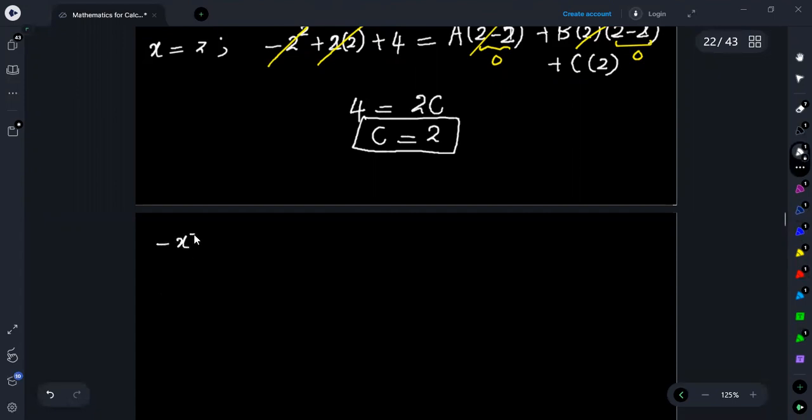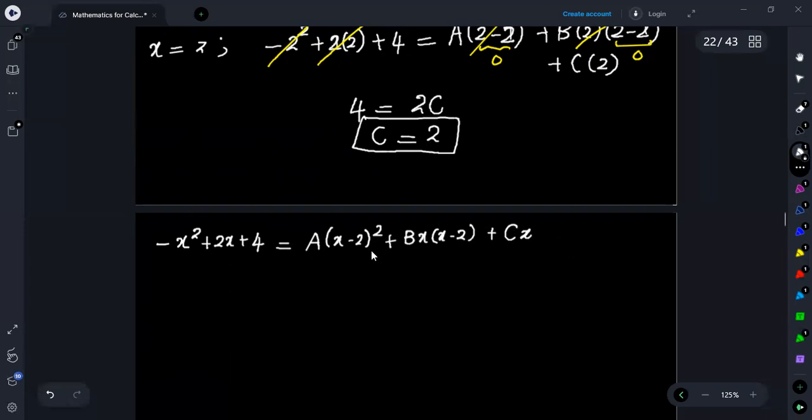Earlier we had minus x to the power 2 plus 2x plus 4 is equal to a times (x minus 2) to the power 2 plus b times (x minus 2) plus cx.